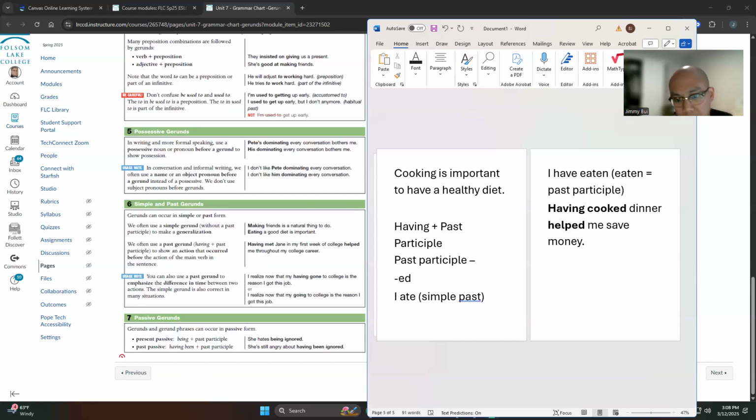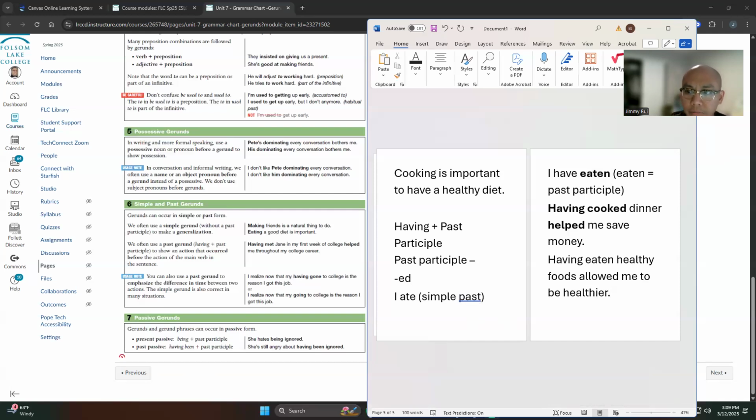But to give you another example of a past participle, like eaten, having, right? So this will be the ing form, having eaten healthy foods allowed me to be healthy.